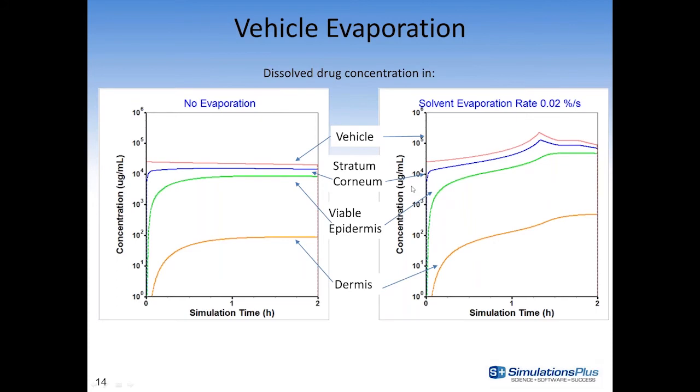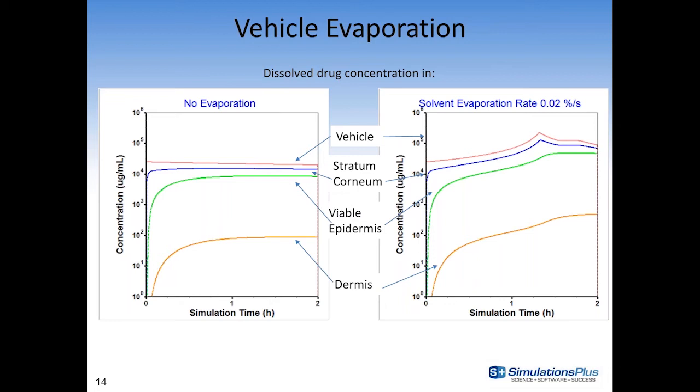Now you might say, okay, who cares about this? Why is this important? Is this going to matter? The thing is, this matters sometimes. What we've seen as we've looked at a lot of different APIs and formulations is that in some cases, this vehicle evaporation doesn't really make a difference to the absorption. You turn it on, you turn it off, there's no difference.